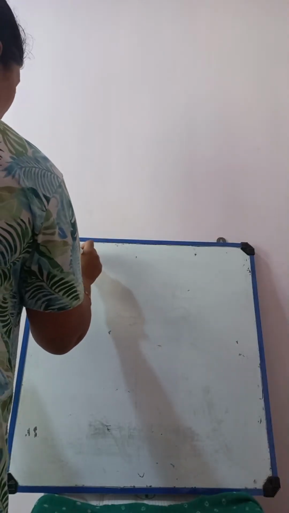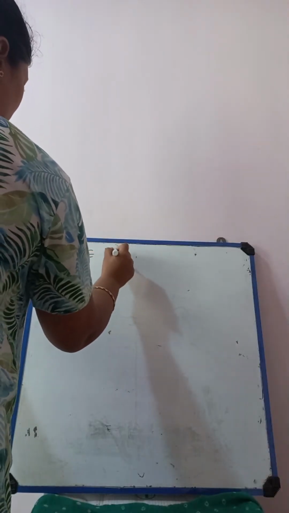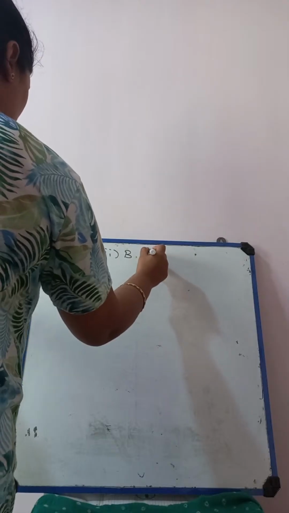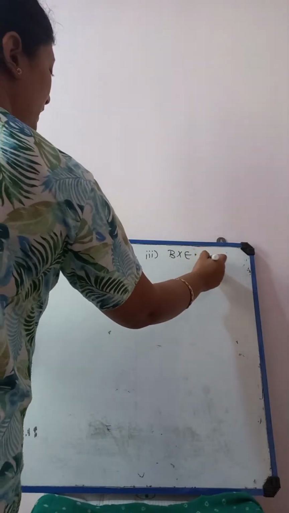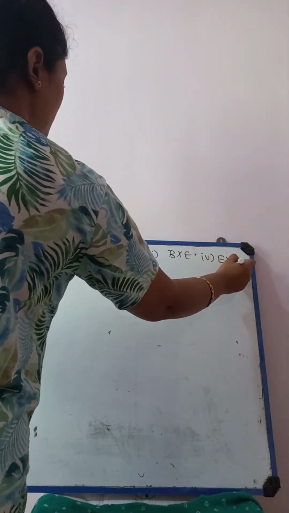First option E, second option B, third option B cross E, and last option E cross B.